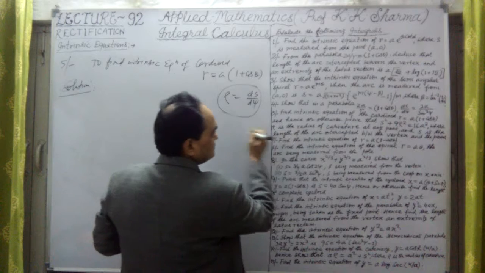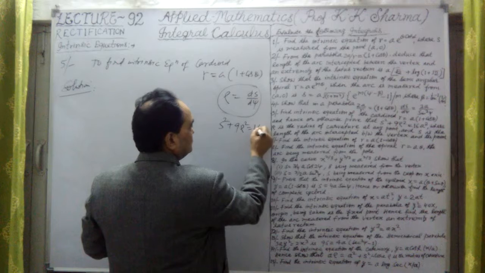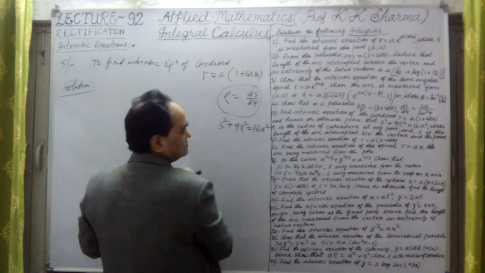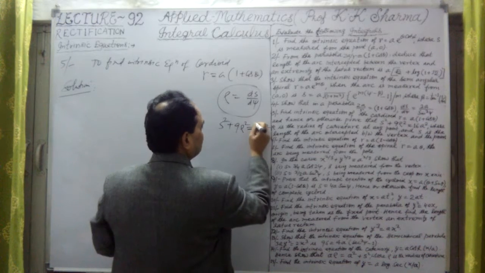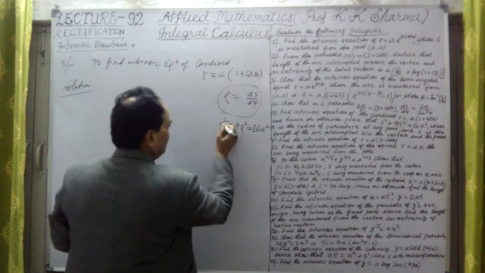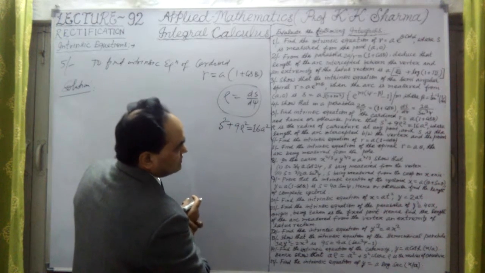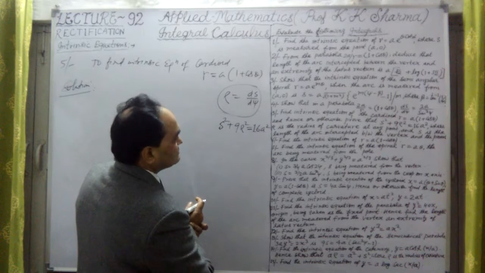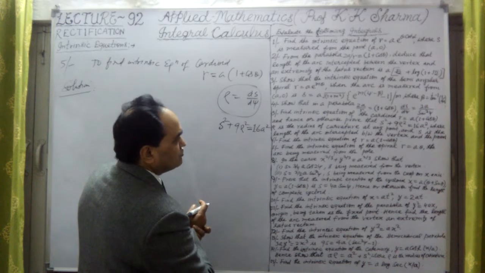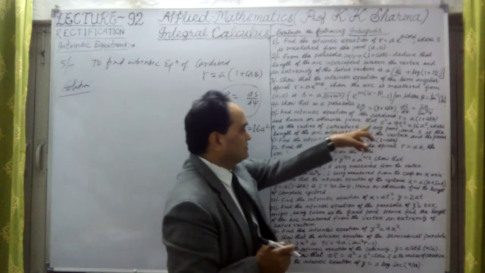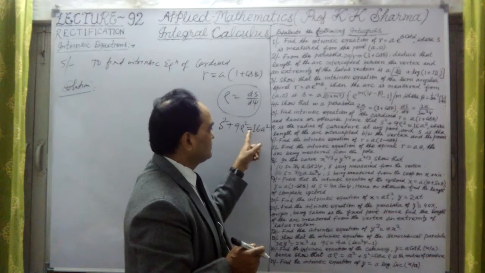Here s is the length of the arc between 0 to θ, because from the vertex 0, 0 is there. So find the intrinsic equation of the cardioid r equal to a into 1 plus cos θ, and hence or otherwise prove that s² plus 9ρ² equal to 16a², where ρ is the radius of curvature.